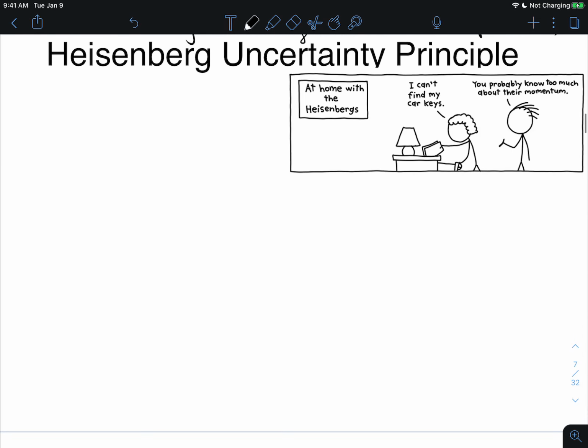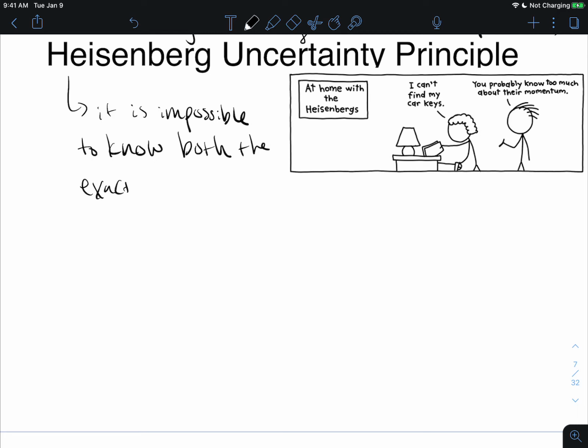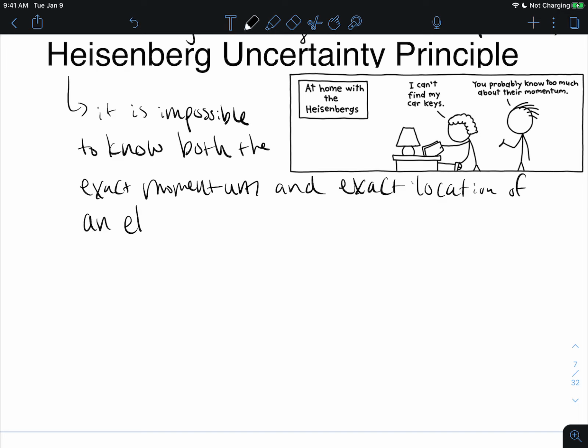So let's look a little bit more at our uncertainty principle. When thinking about the uncertainty principle in terms of an atom, the uncertainty principle tells us that it is impossible to know both the exact momentum and exact location of an electron simultaneously.